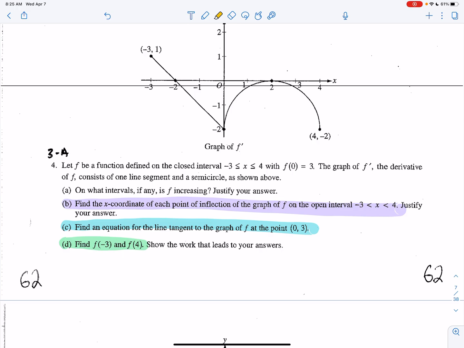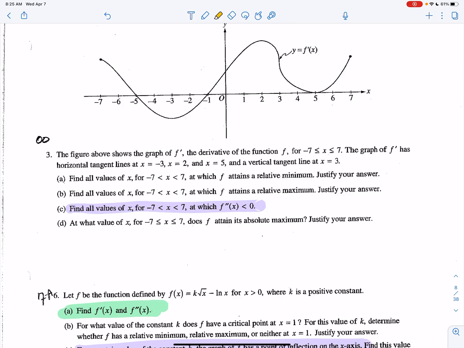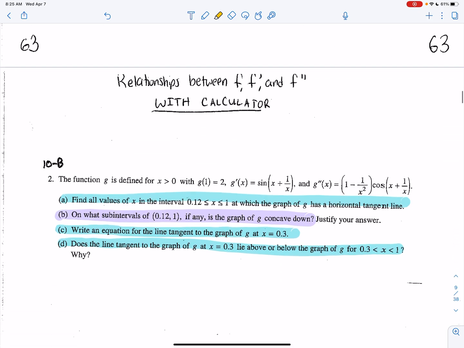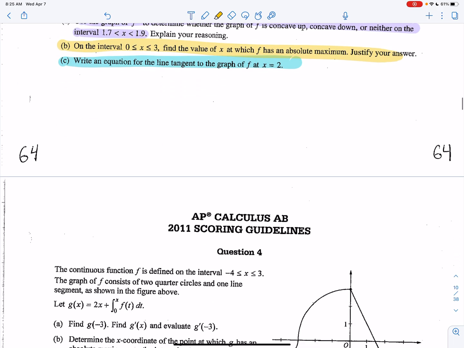They're all closely related, so it's kind of tough to not want to highlight all of them. 2000, there's a relative min, a relative max, and an absolute max, okay? Something in regards to a relative min and a relative max there. And the very last one, 2006, has an absolute max, okay?